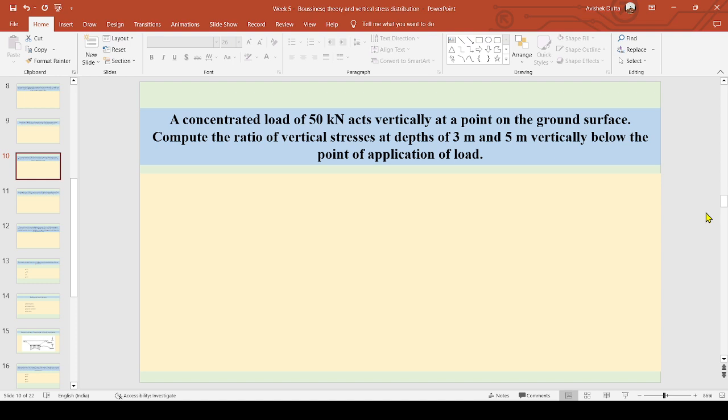We can also do it by describing the relationship between vertical stress and the depth, and then computing their ratio. So we need to find out the ratio of the stress at depths of 3 meter and 5 meter vertically below the point of application of load. That is, there is no question of radial distance over here. Okay, next question.